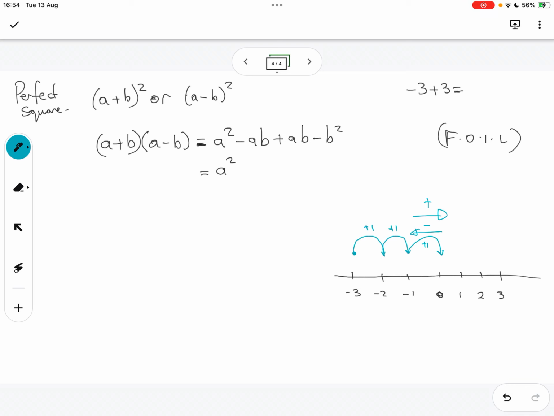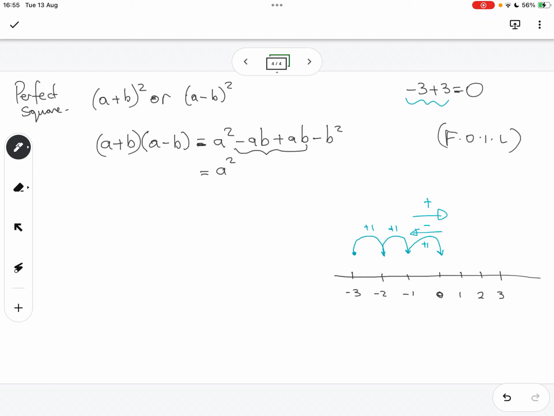We end at 0, right? Okay, so exactly this way that we're thinking about this is how we think about that. So now let's recap. If I have -3 and I add 3, what's the answer? 0. It will be 0.